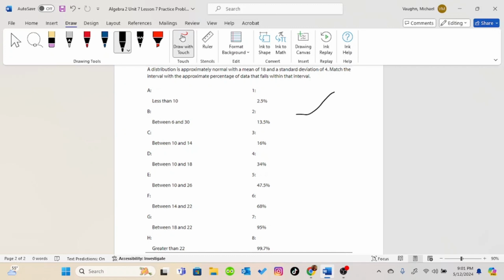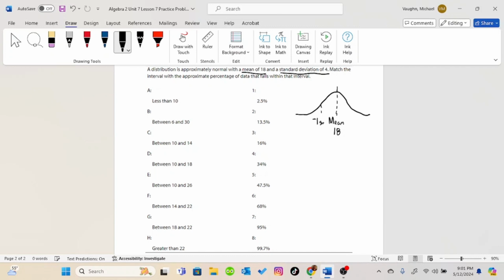So I'm going to draw an approximately normal curve. We know that the mean is 18, and we have a standard deviation of 4.